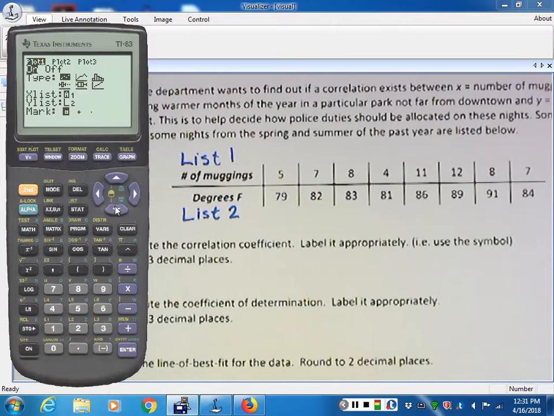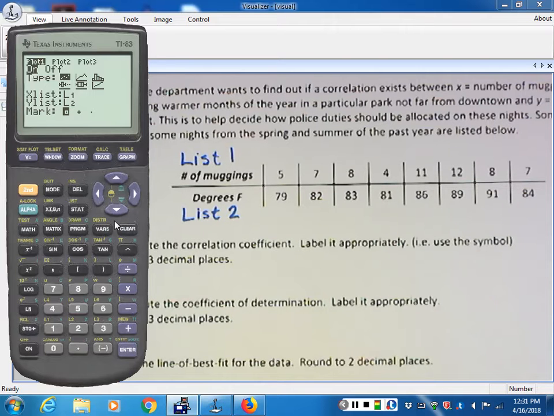And then from there you go down arrow again, and our X list, which is our list 1, is the number of muggings. And our Y list is list 2, which is the temperature in degrees Fahrenheit. And if you were to use 2 different lists, you just tell it the one you used, list 1 and list 2.